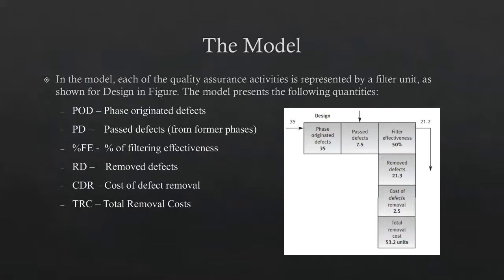As I told you before, sometimes we can't detect or correct the defects, and these defects go through to our next phases. The third one is filtering effectiveness. The fourth one is removed defects. The fifth one is cost of defect removal. The last one is total removal cost.